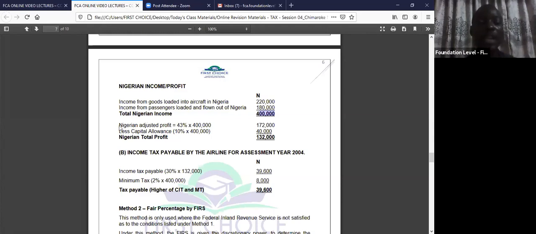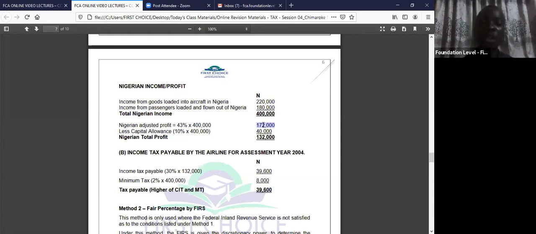So Nigerian adjusted profit will be the global adjusted profit ratio multiplied by Nigerian income of 400. It means this 172,000 is 43% of 400. Now this is your adjusted profit or assessable profit. So now we're not even looking at expenses.